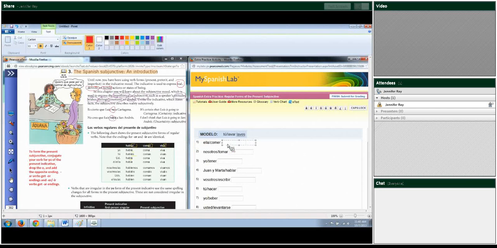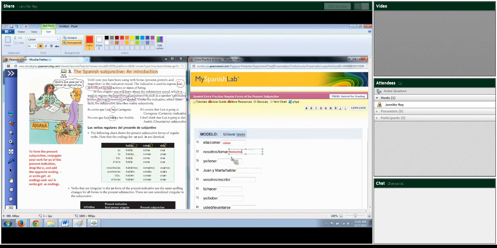It says ella comer. So if I have the verb comer, in the yo it is como. I drop my O and I'm going to add the opposite ending. If this is an ER verb, that means I'm going to add an A. Ella coma. Nosotros tomar. If I conjugate tomar for the yo, it's tomo. It's an AR verb, so I'm going to drop my O and add ER endings.